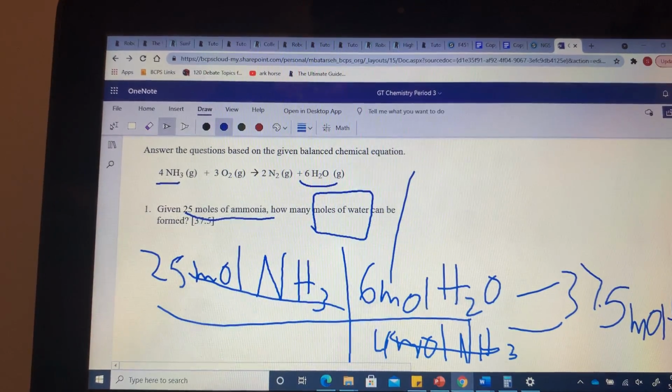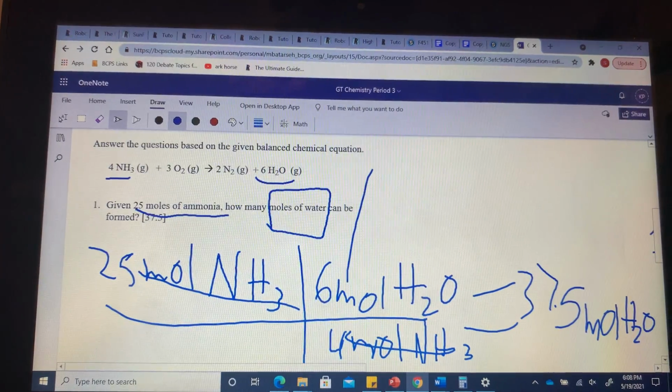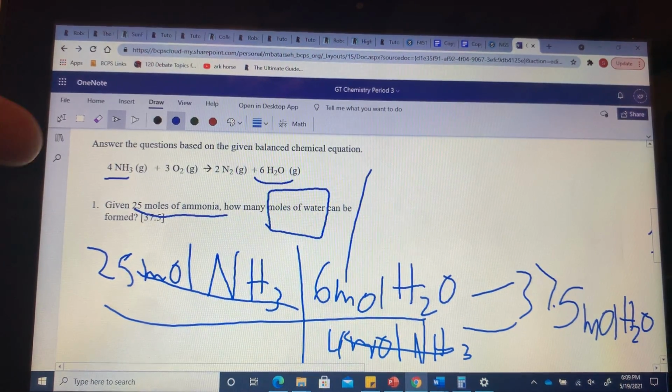Now, see what we did there was we took our given moles and just converted the moles using the mole ratio. So this literally means for every 2 moles of ammonia, there are 3 moles of water, or 4 to 6, 2 to 3, same thing. So all you have to do is a simple calculation.